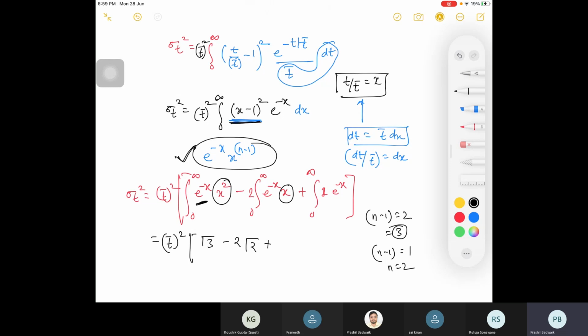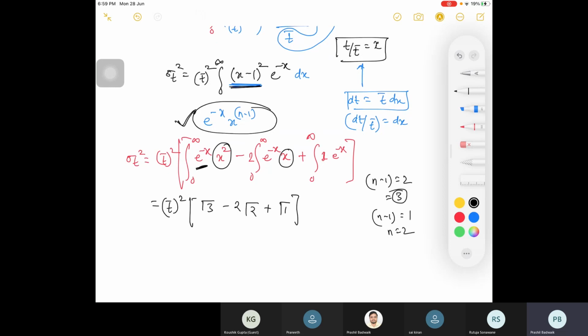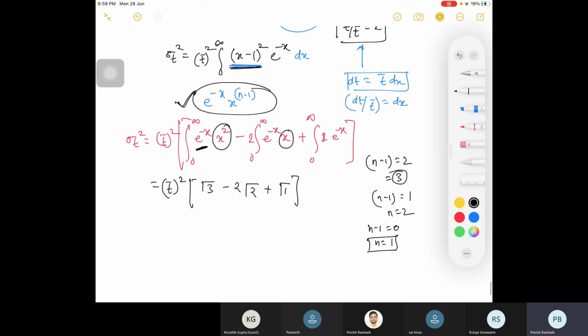Then plus, what is the value here? E power minus x, x to the power 0, gamma of 1, right? We are having 0 value, so it is gamma 1. N minus 1 is equal to 0, n is equal to 1, and this is your gamma 1.